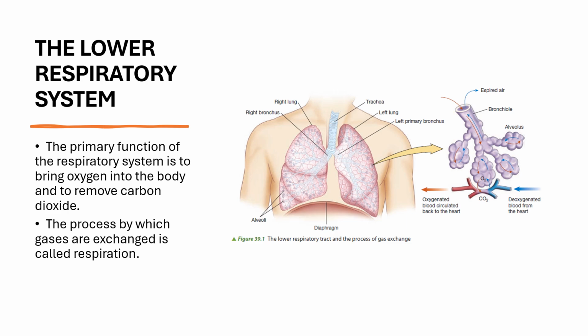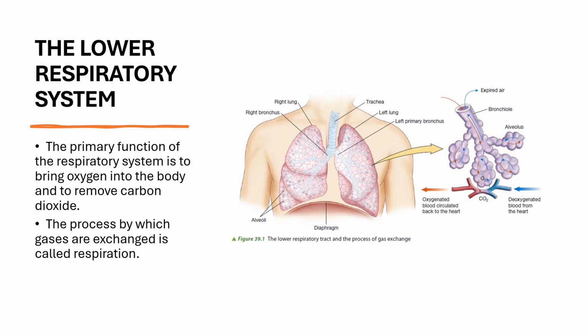Bronchiolar smooth muscle. We have your bronchioles. They are muscular, elastic structures whose diameter or lumen varies with the contraction or relaxation of smooth muscles.